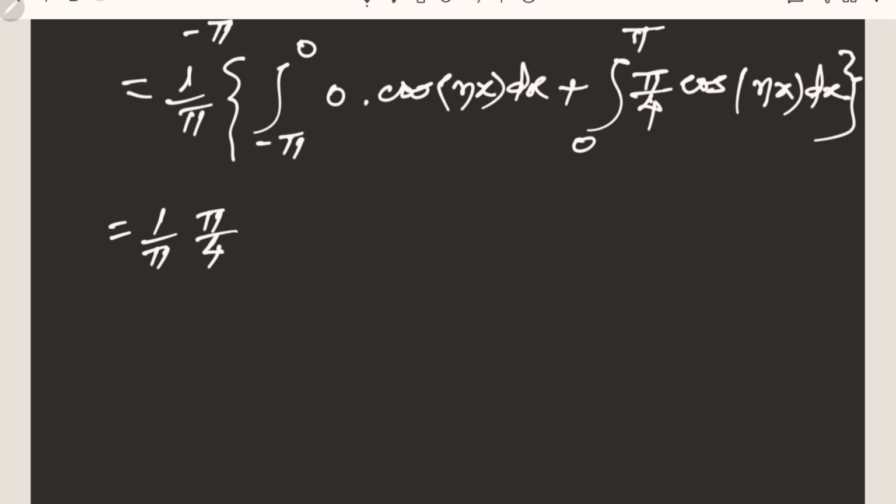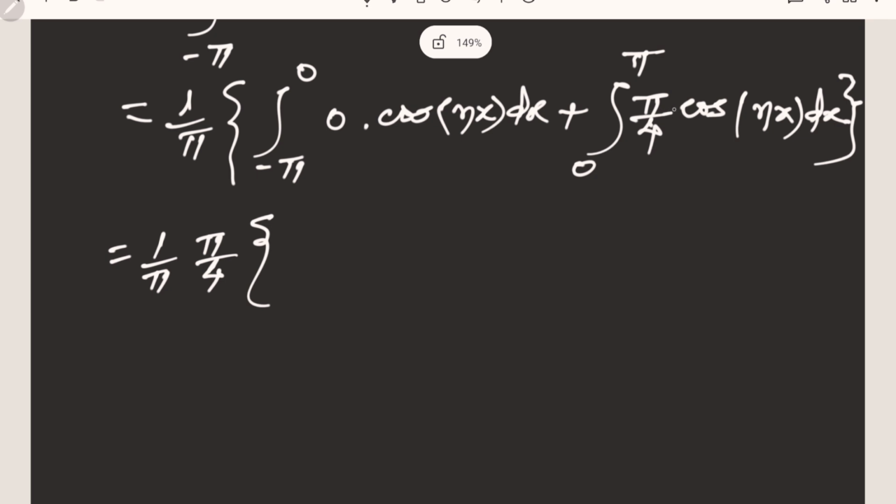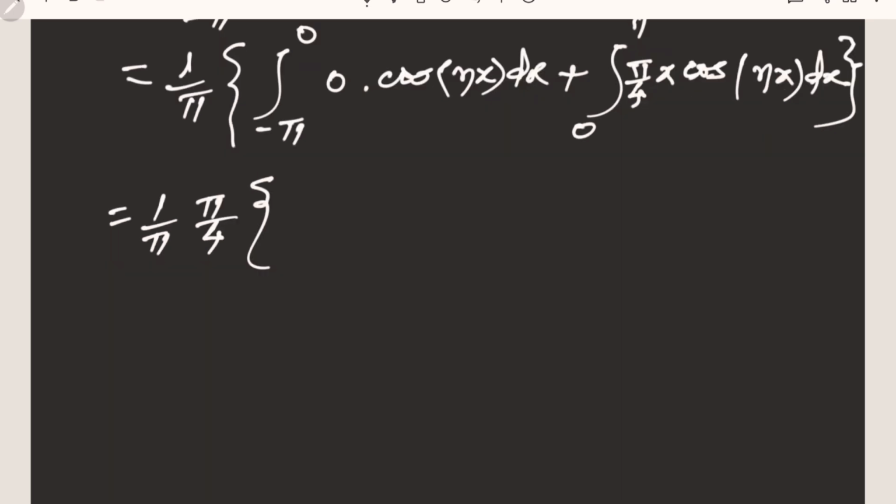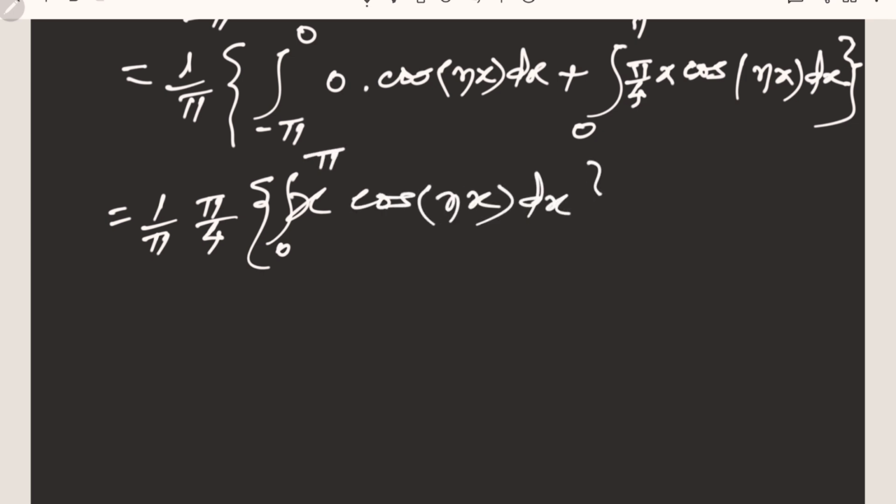Pi by 4 we take outside. Here that term is pi by 4 times x, a small correction, and therefore the remaining terms are the integration of x into cos of nx between limits 0 to pi.